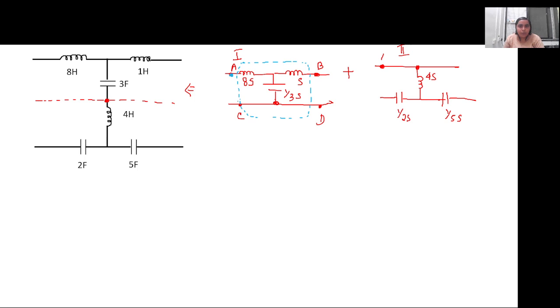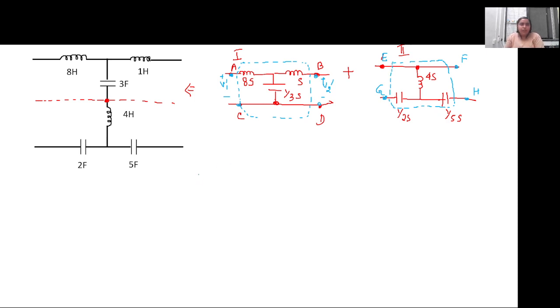Just look at the ports A, B, C and D. Across CD the voltage is V2 dash, and between A and C it is V1 dash. Let the second network be E, F, G and H, and the two-port network is drawn like this.